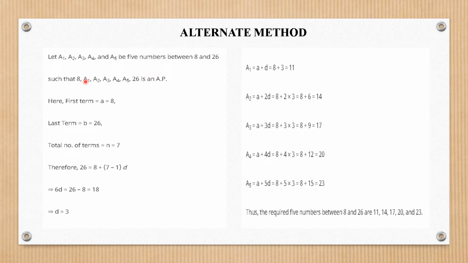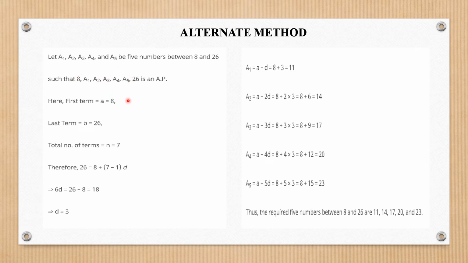Then definitely 8, A1, A2, A3, A4, A5 and 26 will form an AP. Between 8 and 26, 5 numbers are inserted. Here the first term is 8, and these are 5 terms, so that means 6 terms are there, and the 7th term is 26. There are a total of 7 terms and the 7th term is 26.